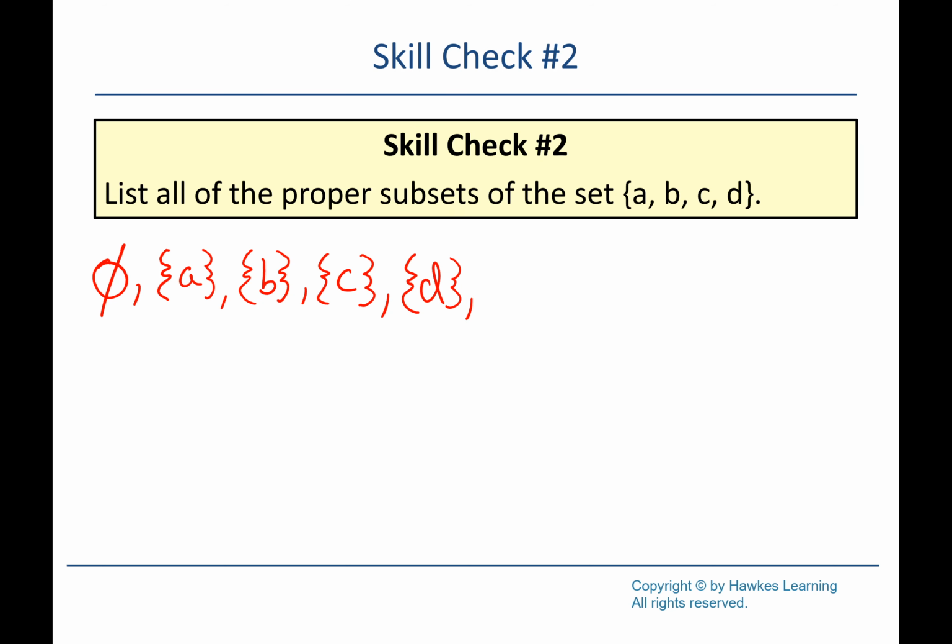Now we need to do pairs. So we have AB, AC. That's a good way to do it: do all the ones that start with A. And then AD.